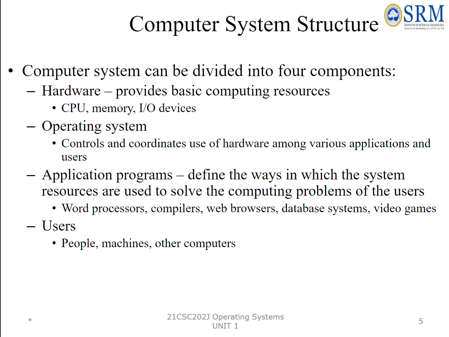Application programs define the way in which the system resources are used to solve the computing problems of the users: word processors, compilers, web browsers, database systems, video games. With video games, we can play games. A database system is a storage location, where we can store a lot of data. With web browsers, we can search anything.